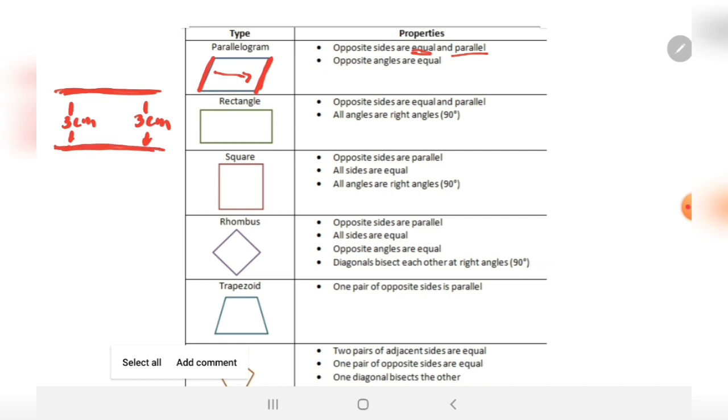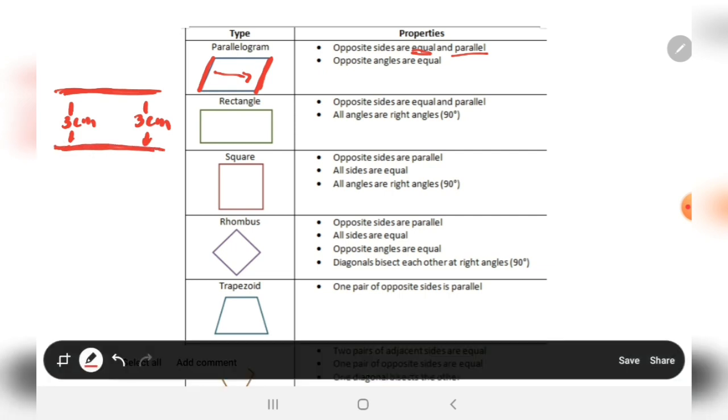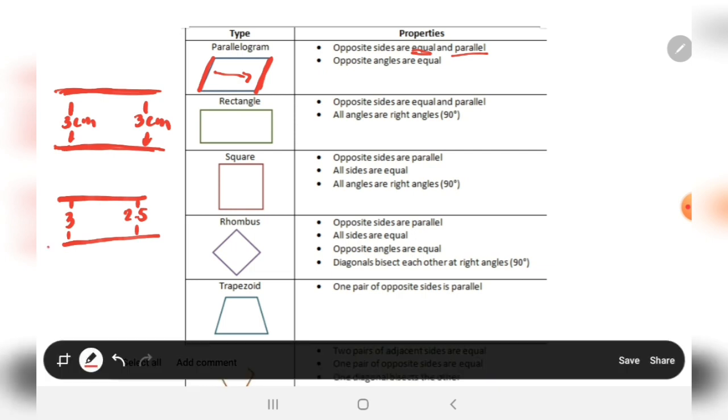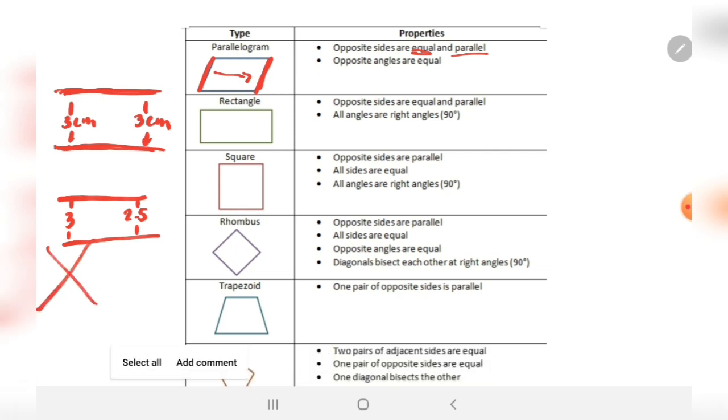And if we have these two lines, then that's what you call parallel, because they don't intersect. But for example, we have here a line and another line. For example, this is 3 centimeters and this is 2.5 centimeters.